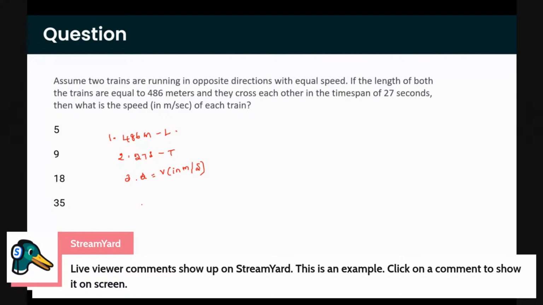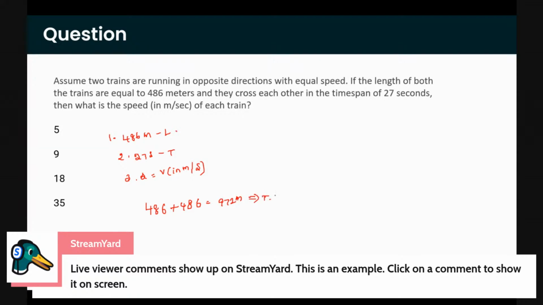To calculate the combined distance covered: when two trains cross each other, the total distance covered is the sum of their lengths. Since both trains are 486 meters long, the distance is 486 plus 486, which is equal to 972 meters.